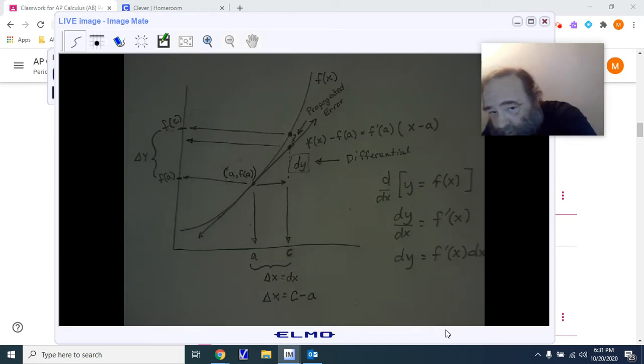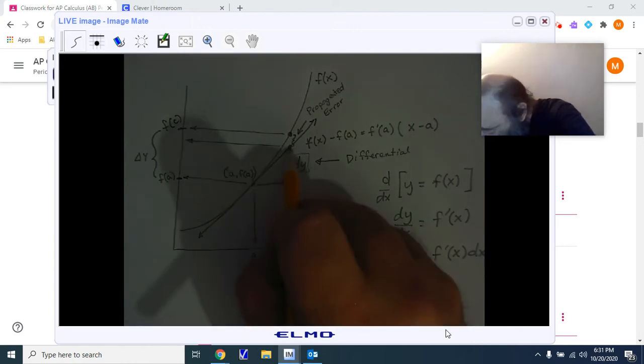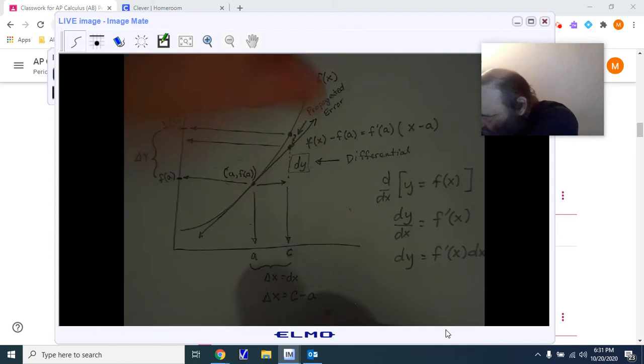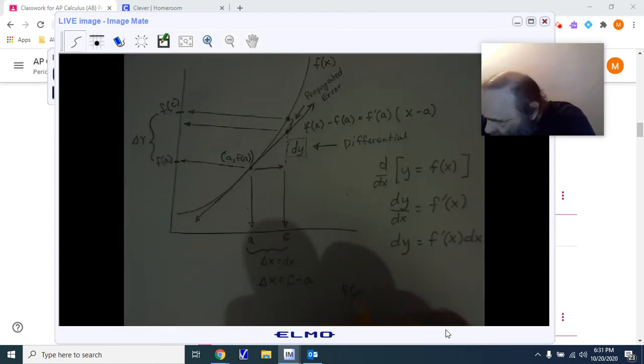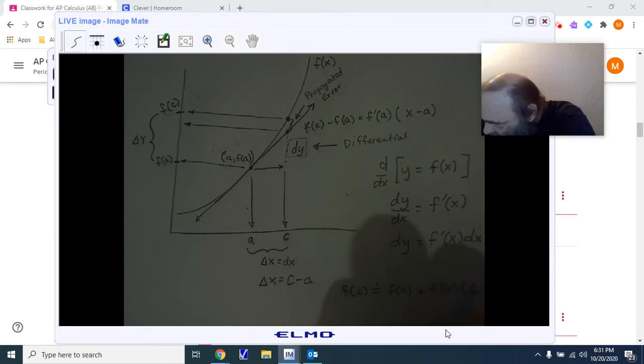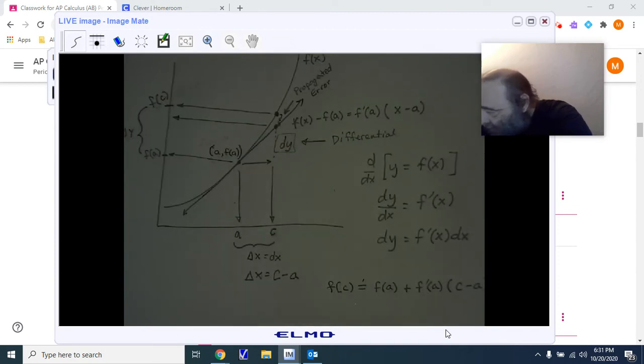Now this is important to us, because if I'm trying to predict this approximate point, then f of c has to be approximately f of a plus f prime of a times c minus a. And you'll notice c minus a is what we call delta x.